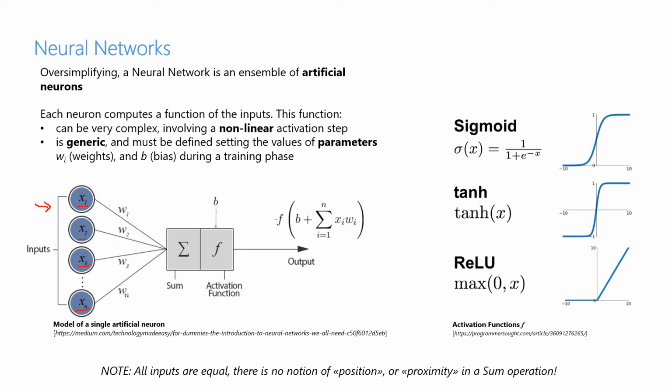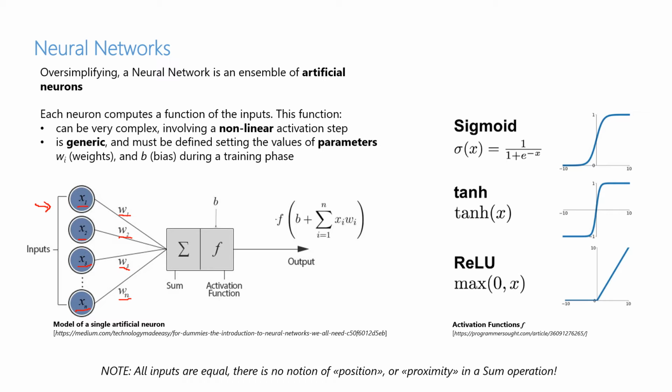And the first thing that happens to these inputs is that each of them is multiplied by a quantity, which is put here on this line.